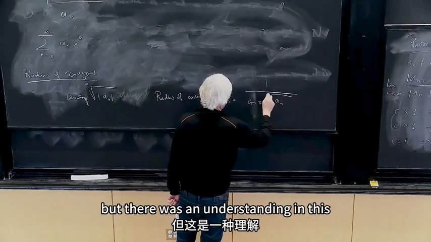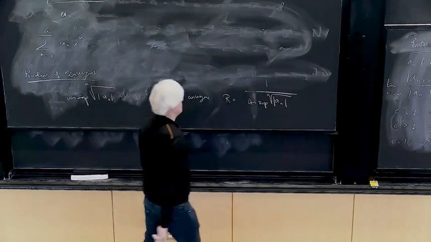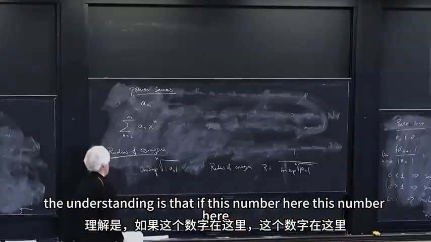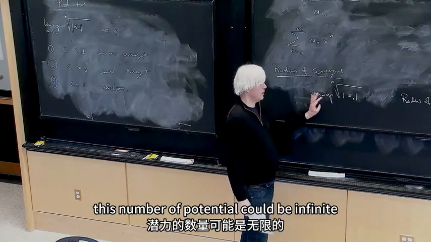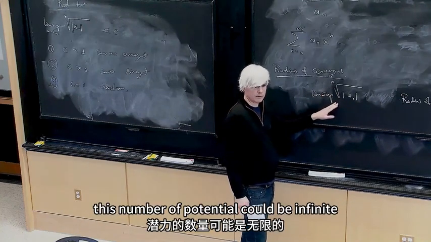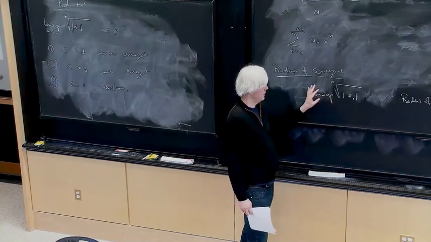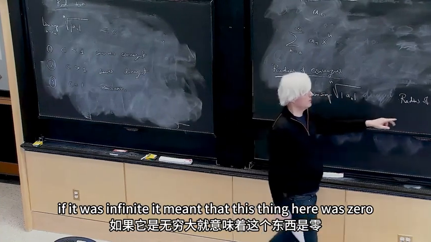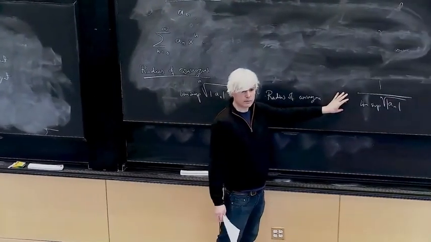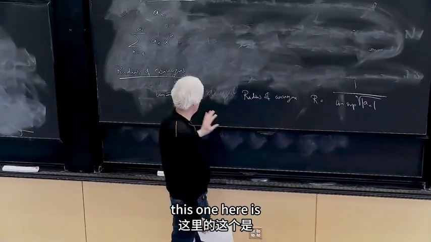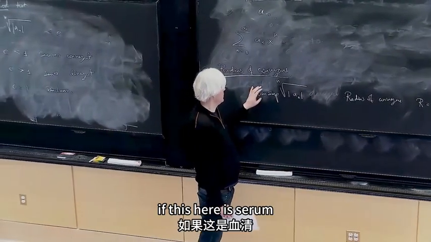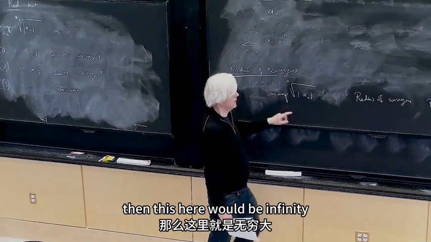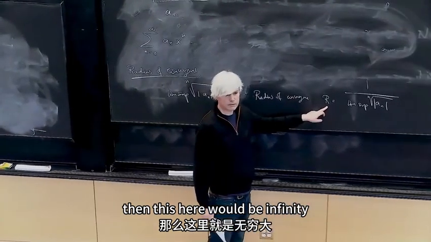But there was an understanding in this. The understanding is that this limit superior could be infinite. If it was infinite, it meant that R was 0, and if this is 0, then R would be infinity.